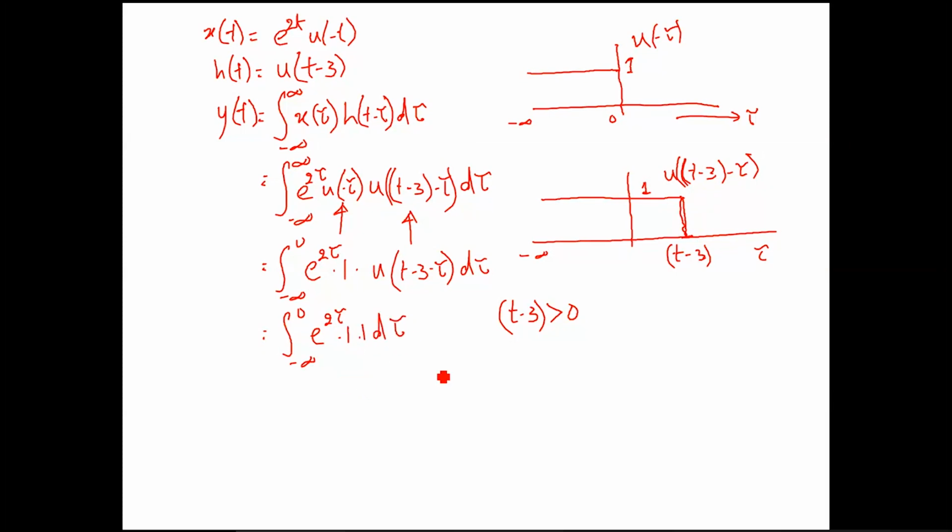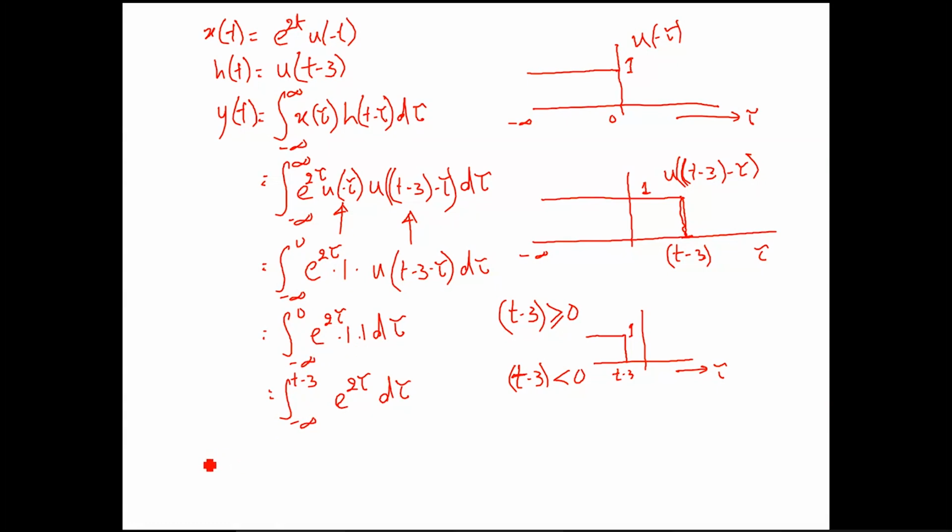And if t minus 3 is less than 0, then it ends up becoming something like this. It is just going to stop here. This will be your t minus 3. Then your limits are going to become from minus infinity to t minus 3 of e raised to the power of 2 tau d tau. This is what you're going to get.